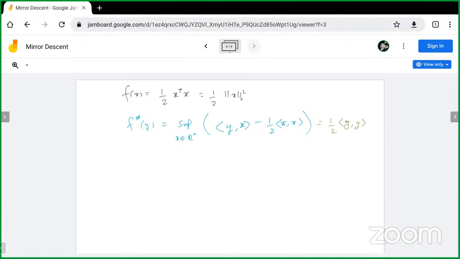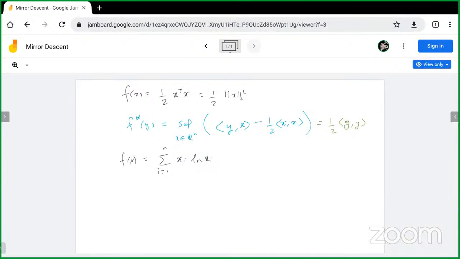Nice. Okay, and do one more. This is kind of a famous example called negative entropy. Notice that now you have to restrict the domain a little bit.